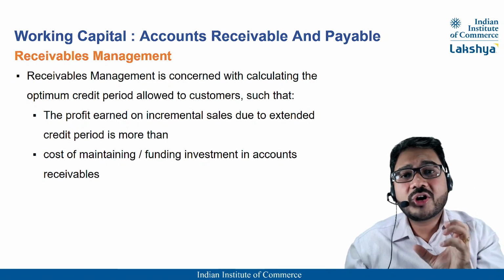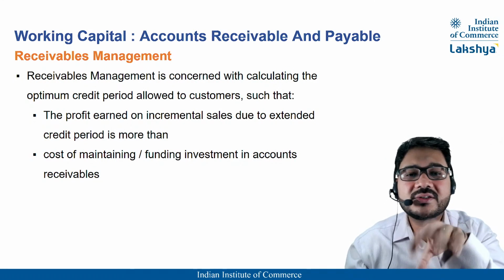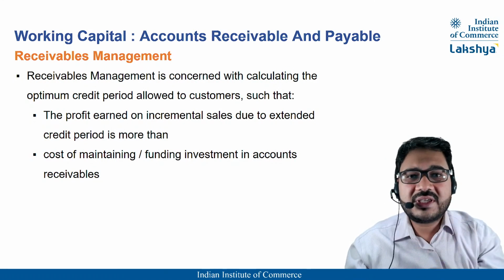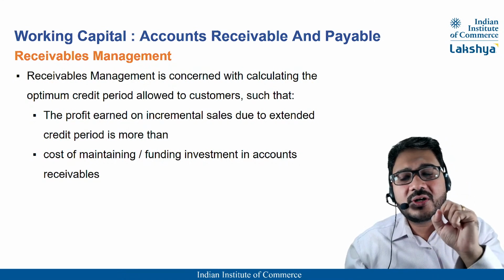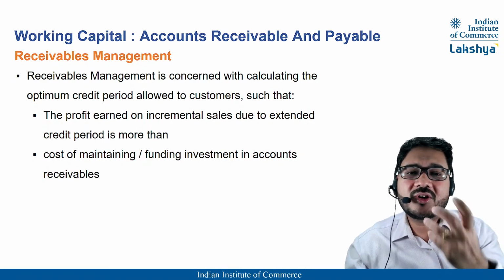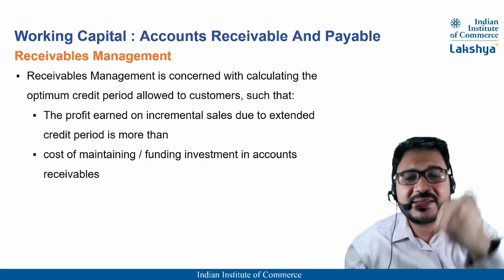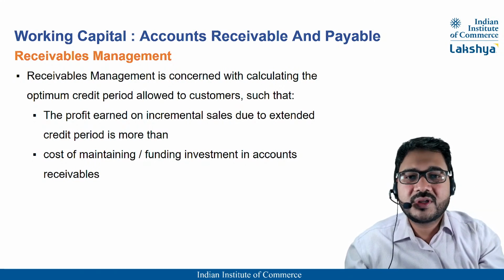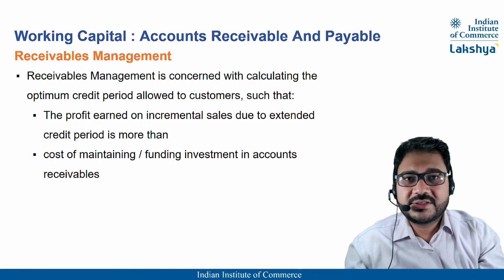So you arrange $1 million for that 1 month through an overdraft facility. That is the cost of funding the receivables. You need to see that the funding cost is less than the profit you are earning. If profits are more than the cost, then go ahead and extend that credit. If not, you would say, sorry, I cannot give that sort of credit.